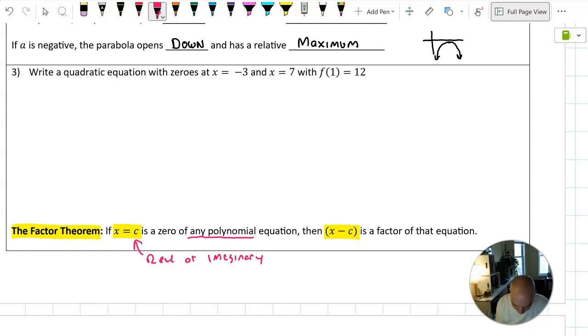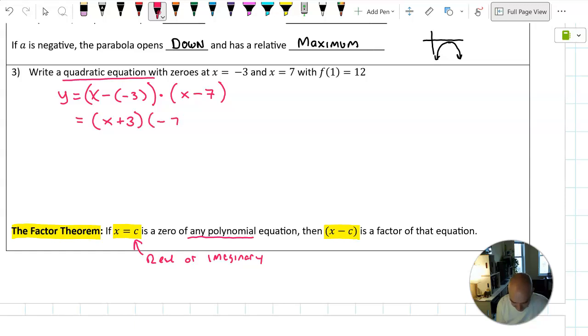But that means that our quadratic equation could be y equals x minus 3, that's our first zero, times x minus 7. Now, this isn't quite done. Let's first turn this x minus 3 into x plus 3. X minus minus is the same as x plus.